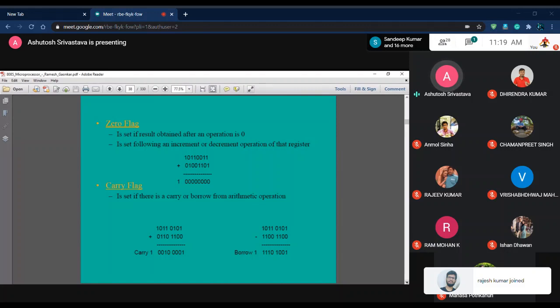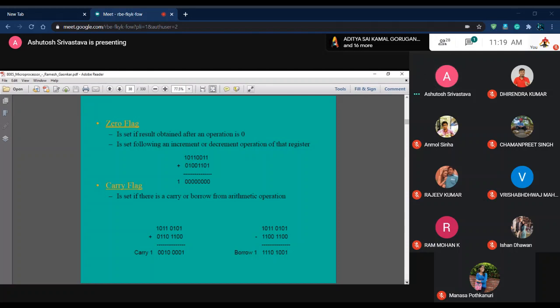Let's subtract 8 from 9. So we do an addition of 9 plus 8, and we do a subtraction of 8 minus 9. All of you please perform that, and then you will be able to appreciate it better.